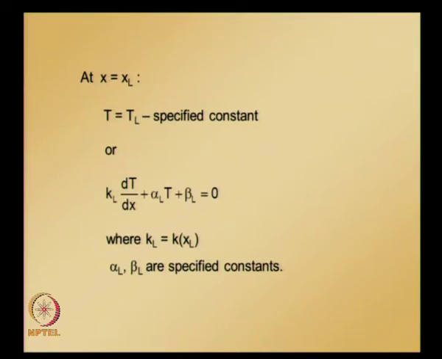So we need to develop quadratic isoparametric element equations for general one dimensional boundary value problem, which is stated here, subjected to these boundary conditions. Now let us look at a typical quadratic element.